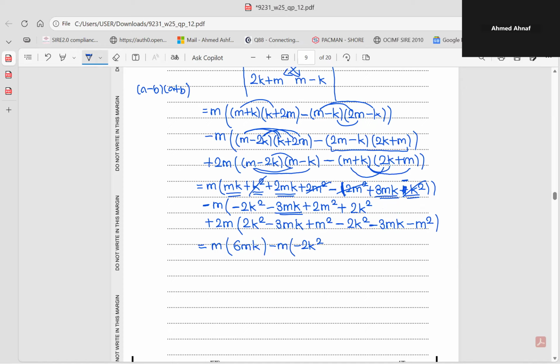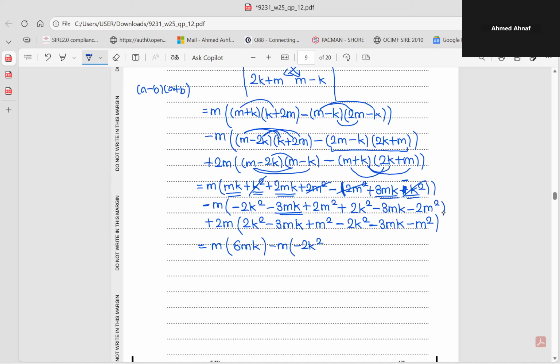So 4mk minus mk, that is 3mk. So minus that, you get minus 3mk. And then m squared is 2m plus m, so 2m squared. Minus that, you get minus 2m squared.